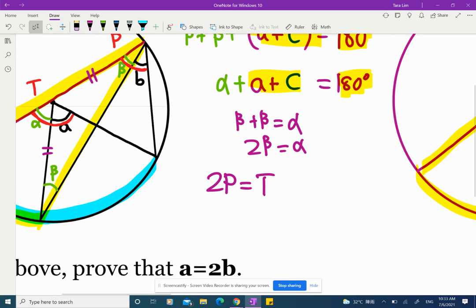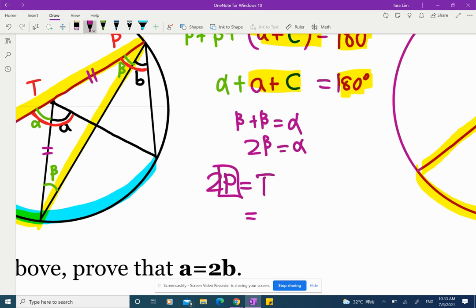So now I have made 2P is equal to T. Now I want to include beta and B since I'm trying to prove that A is equal to 2B, not trying to solve for P and T.